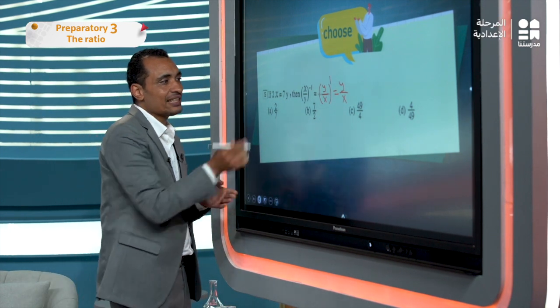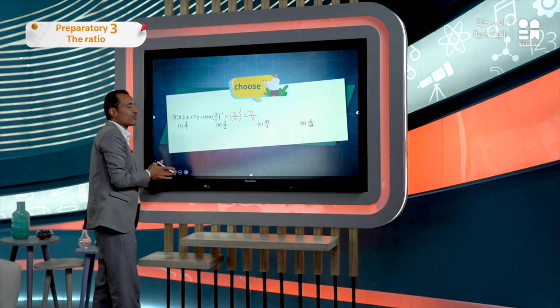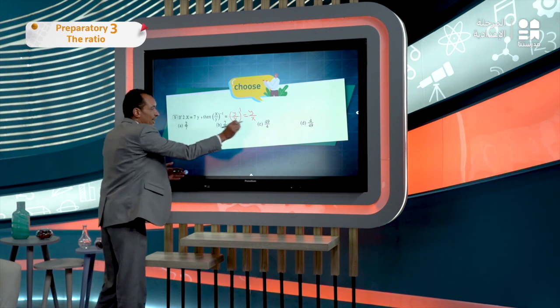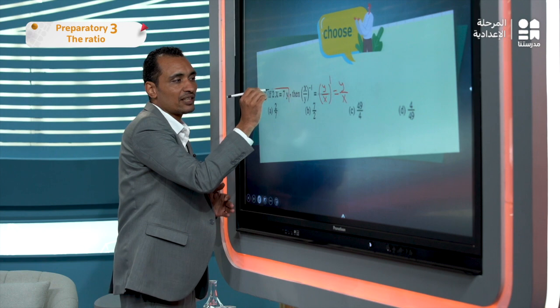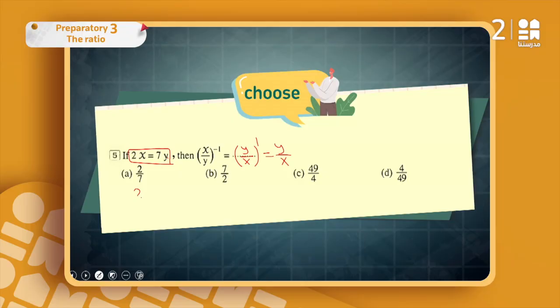طيب أنا عندي 2x equals 7y. طب أنا عايز y over x. هاخد الجيفن دوت وأقول 2x equals 7y. طيب مين اللي مكتوب فوق الأول أو مين الفيرست تيرم في الريشيو دي؟ الواي. طيب أنا عايز أخلي الواي لوحدها. أعمل إيه؟ It's like equation.